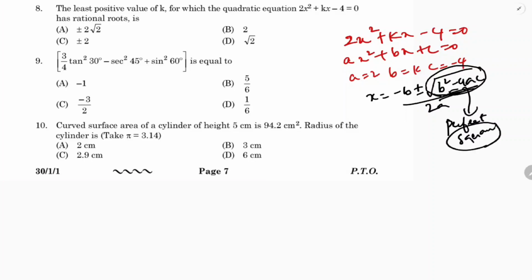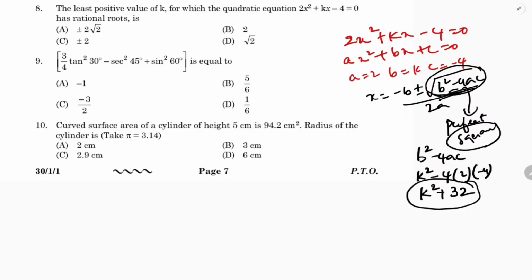So to get a perfect square, first I'll calculate b square minus 4ac. b is k, so k square minus 4 into 2 into minus 4. So k square minus of minus plus, 4 into 2 is 8, 8 into 4 is 32, plus 32. Now this should be a perfect square. To get a perfect square from 32, the nearest perfect square is 36 because it is positive.